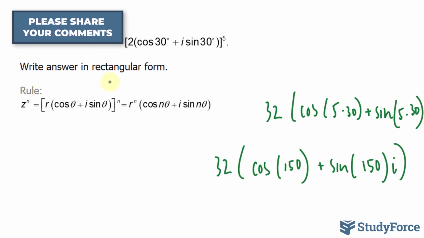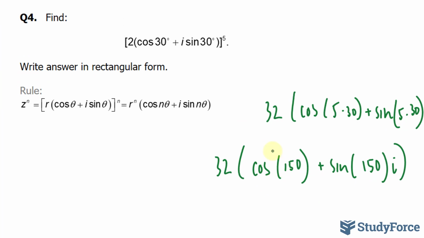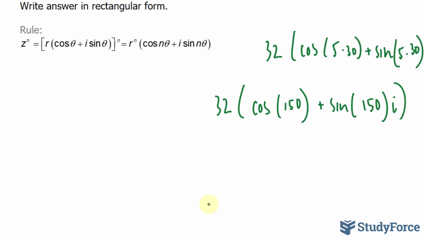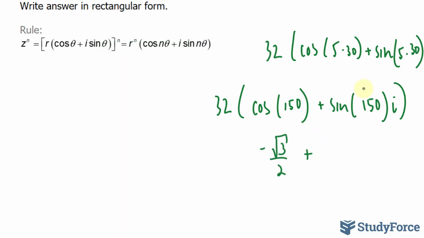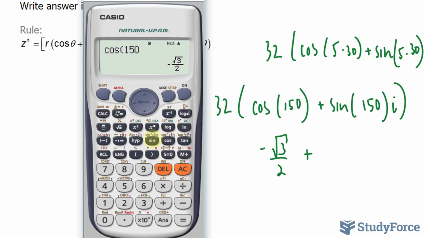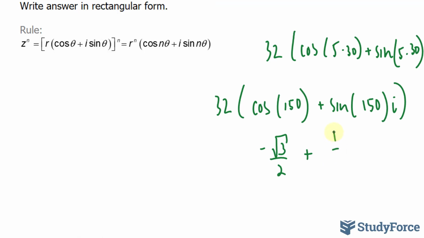Now notice that the question wants us to write this in rectangular form. So at this point, you want to simplify cosine 150. You can use your calculator for that. Make sure that it's in degrees. Now it is. Cosine 150 gives us negative the square root of 3 over 2, plus sine of 150 is half.